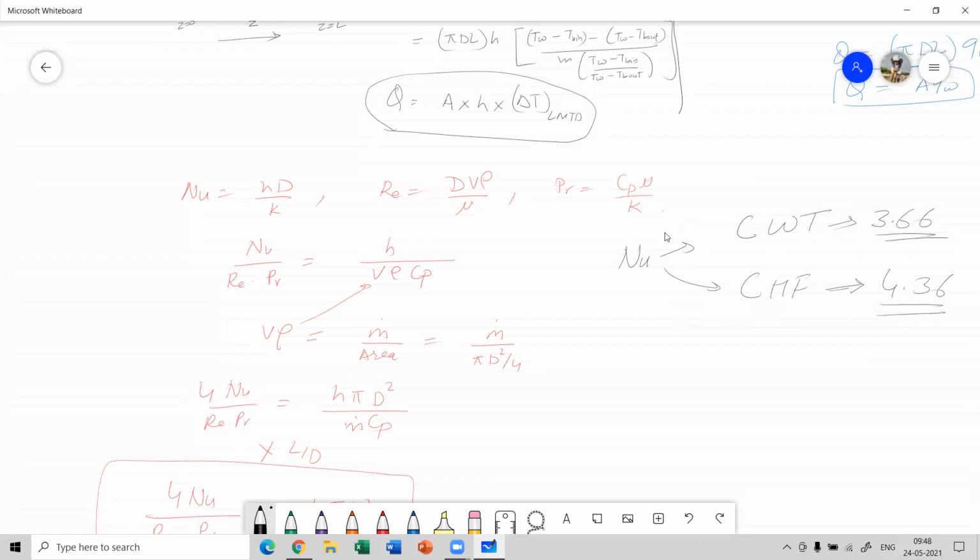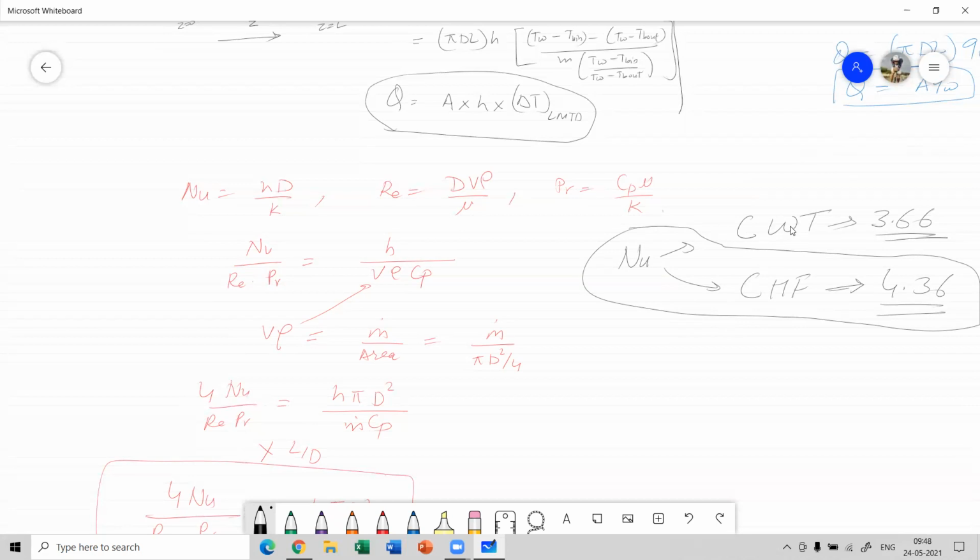So today we're going to determine how these values come into the picture, that is, the Nusselt number of a fluid flowing under constant heat flux conditions and constant wall temperature conditions. This question normally appears in many viva questions, interview questions, or even in the GATE exam.